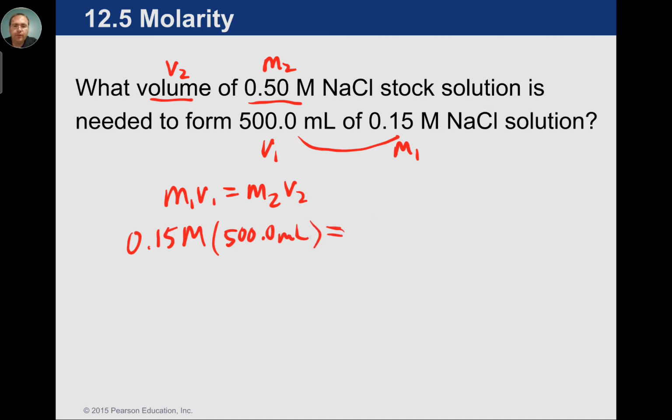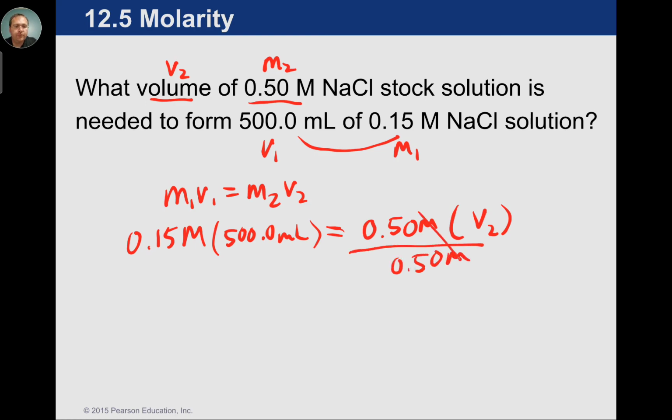That's going to equal the new concentration of 0.50 M that we have to dilute. We're just saying how much do we need to dilute. So it's basically saying from our strong bottle, how much do we take out, dilute to 500 mL to get 0.15 M.